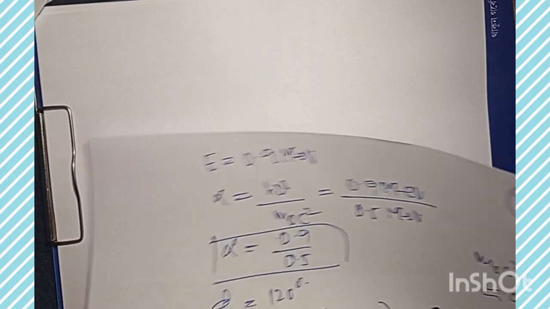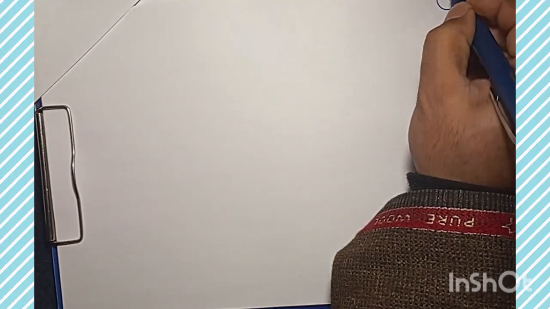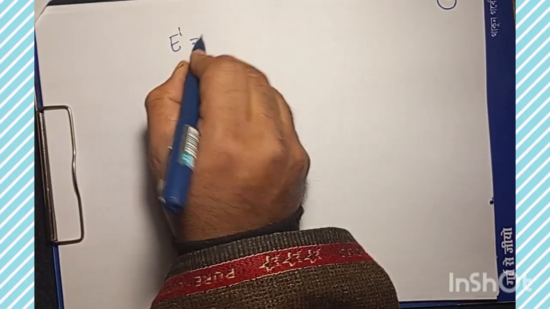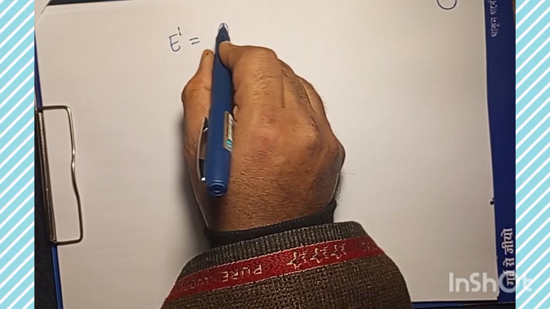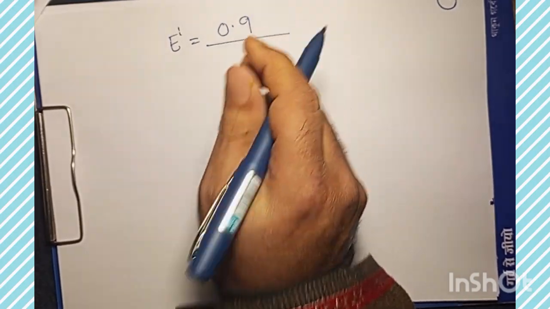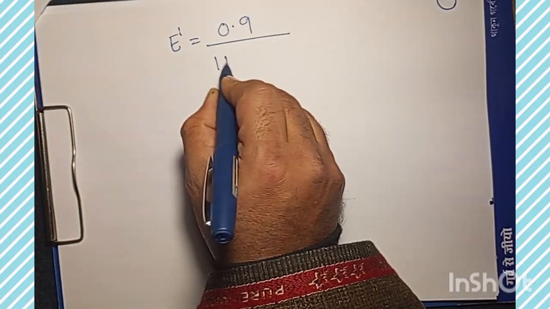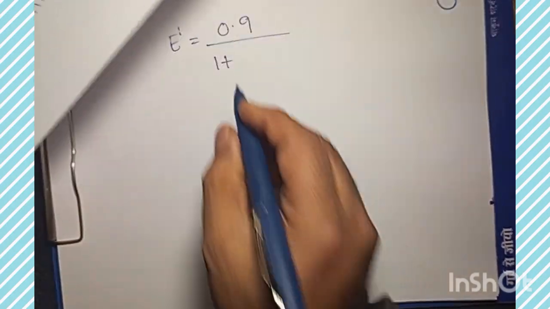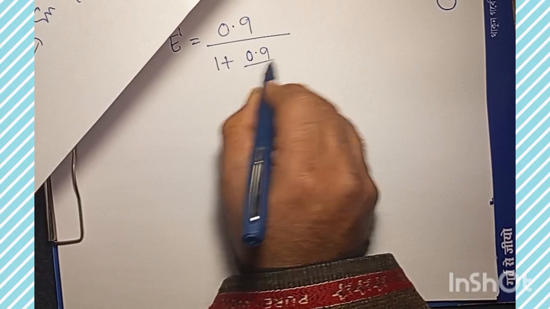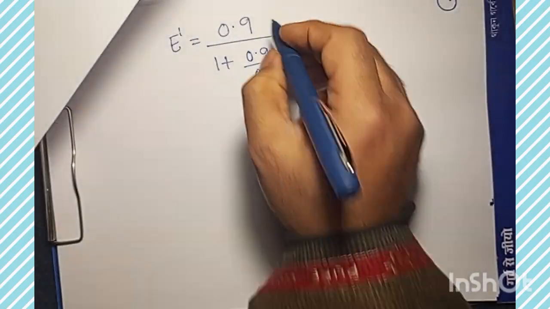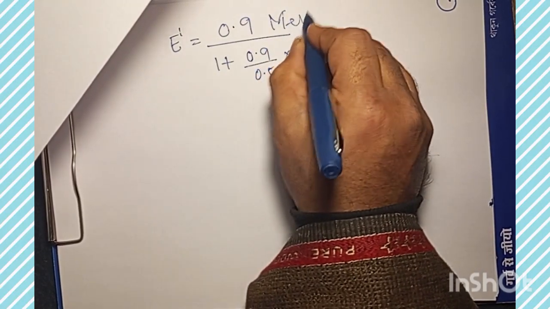So what could be the possible solution here? My E dash will be 0.9 by 1 plus 0.9 by 0.5 into 1 by 4, in mega electron volts.